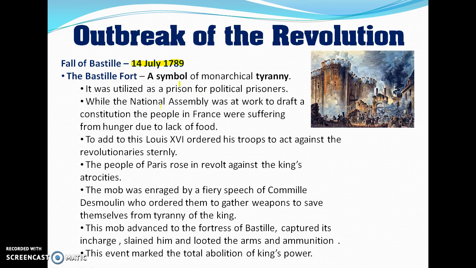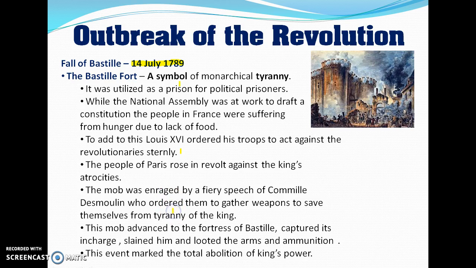While the National Assembly was at work to draft a constitution, the people in France were suffering from hunger due to lack of food, and Louis XVI was carrying on all tyrannical measures against the people of France, who were in the mood of revolt.